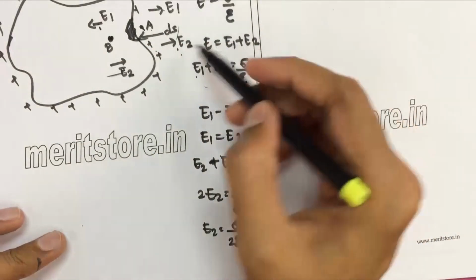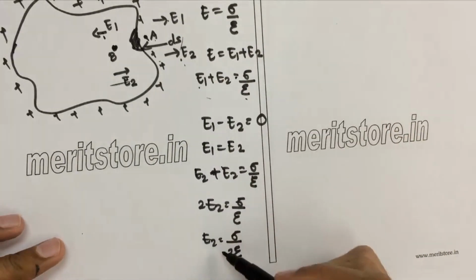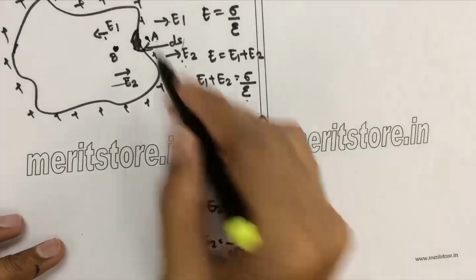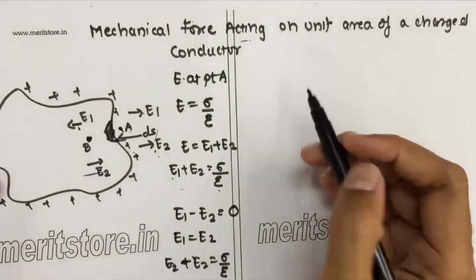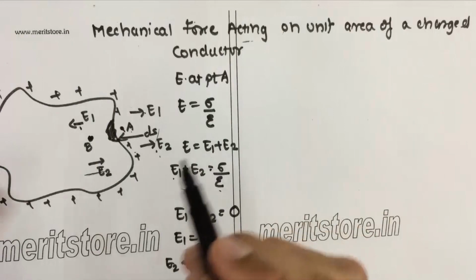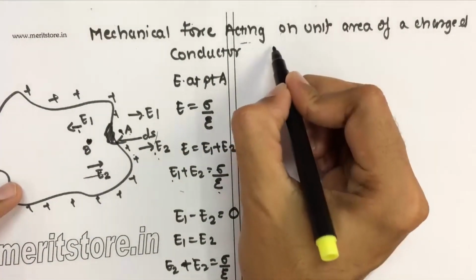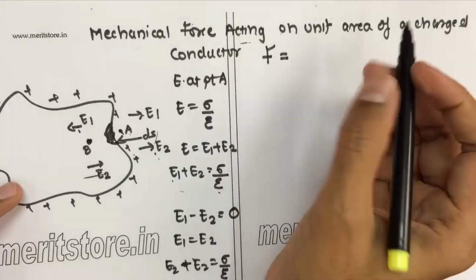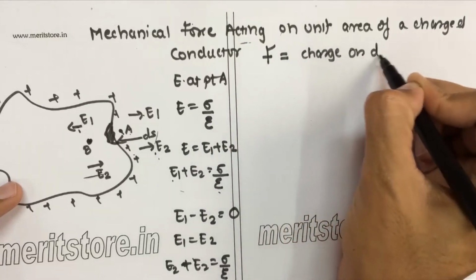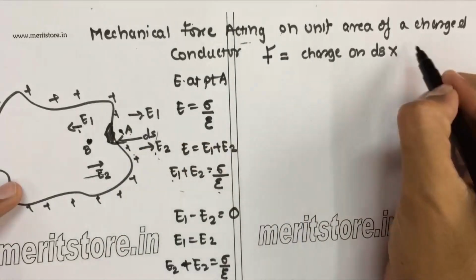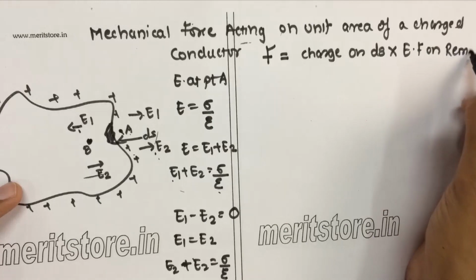This is your value for the electric field intensity on the remaining area of that particular conductor. We took the electric field intensity at point A and at point B, and from both of them we got the electric field intensity at the remaining area. Now we are supposed to find the force acting on that particular area due to the charged conductor. That is the mechanical force, given by the charge on the selected area ds multiplied by the electric field intensity on the remaining area.